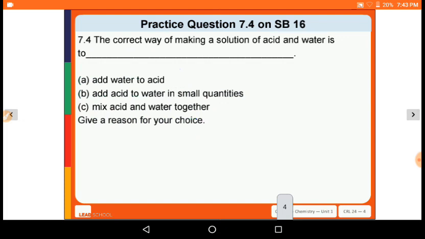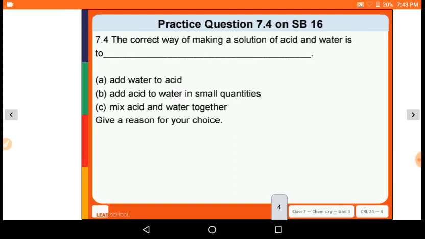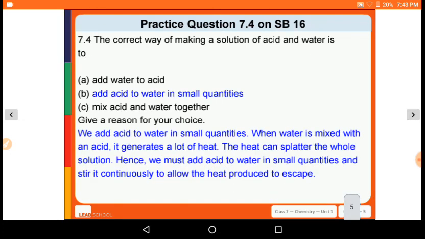Next question 7.4. The correct way of making a solution of acid and water is to add water to acid, add acid to water in small quantities, or mix acid with the water together. Give a reason for your choice. So first we select the correct option. So add acid to water in small quantities. Why?